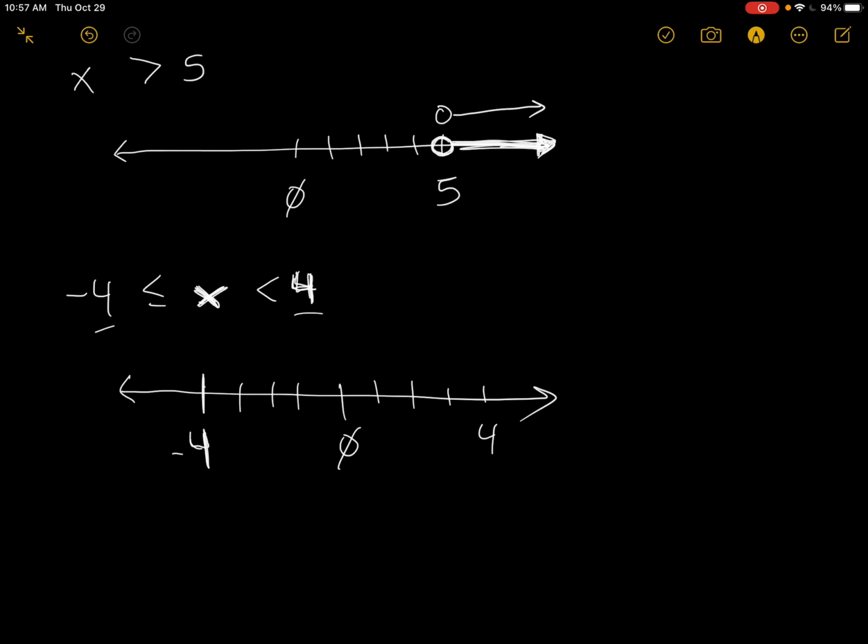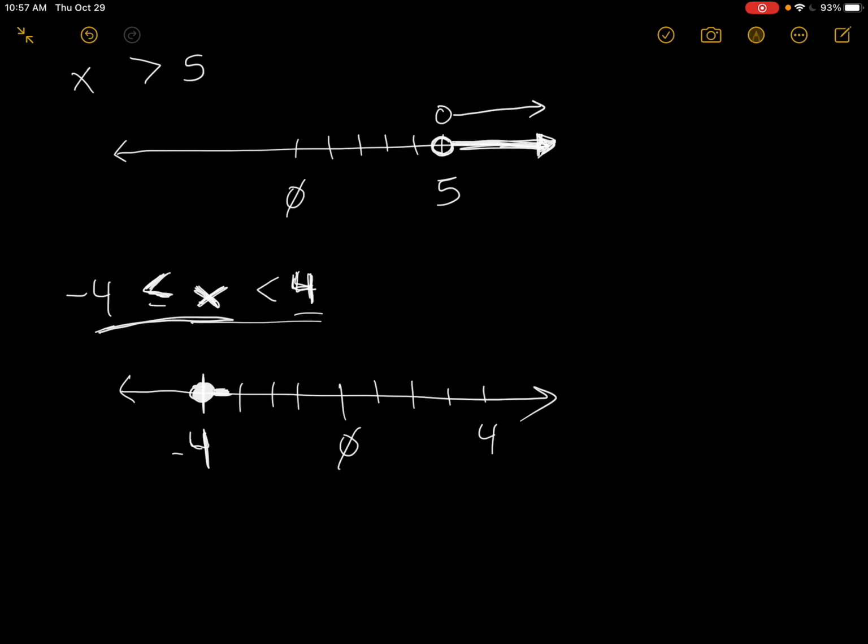So I'm going to do this first reference point here, just this side. It's greater than or equal to, so that means I can have a closed circle, right, because it can be equal to -4. And it's greater than, right, the bigger side is towards the x. So that means I know I'm going to be shading this way, but I'm just getting started.